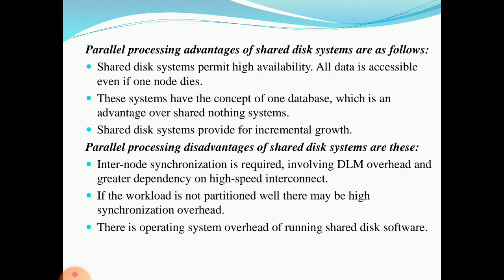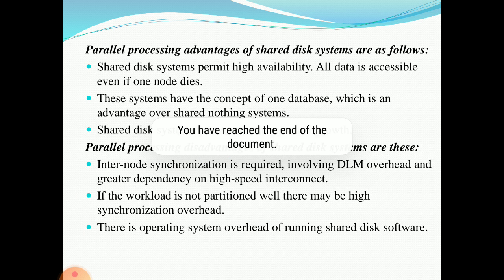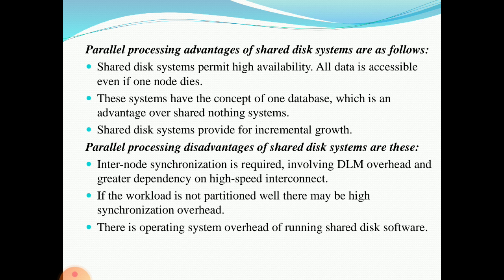And here are some advantages of parallel processing, the advantages of shared disk systems, which are given here. That is, shared disk systems permit high availability. All data is accessible even if one node dies.